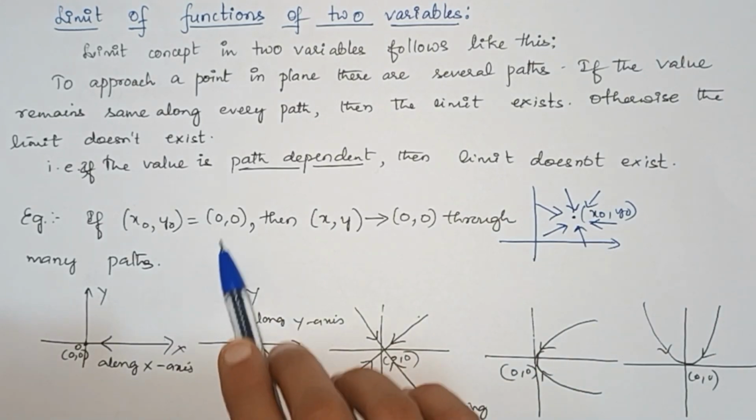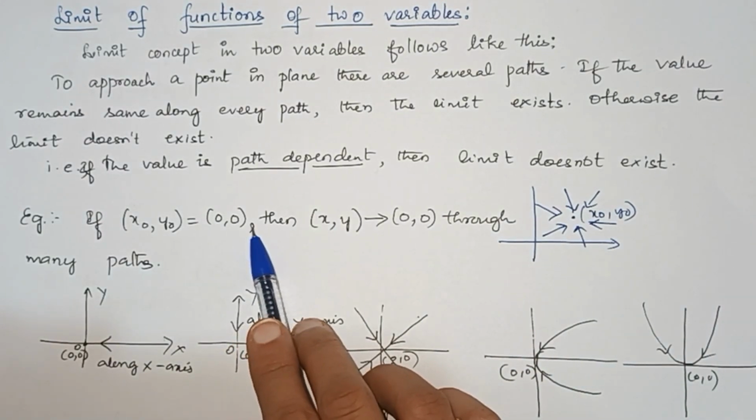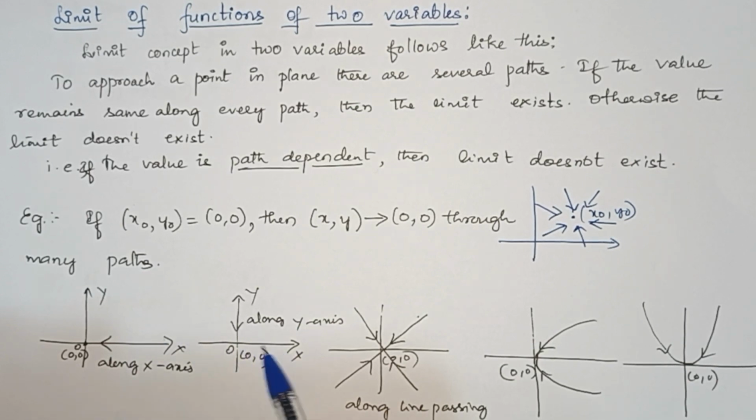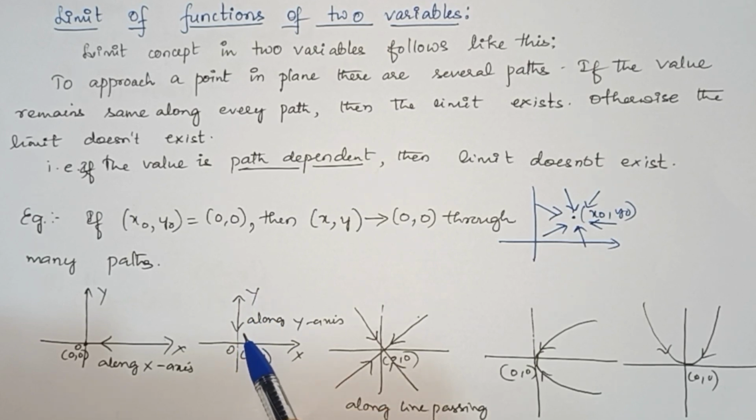Say, for example, you can approach the origin through many different paths. Examples are, you can approach the origin along the x-axis. In this case, you will get y equal to 0. You can approach the origin along the y-axis, along this path. That is, in this case, x equal to 0.